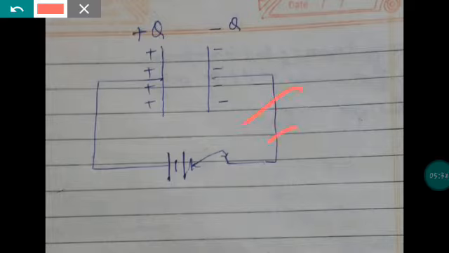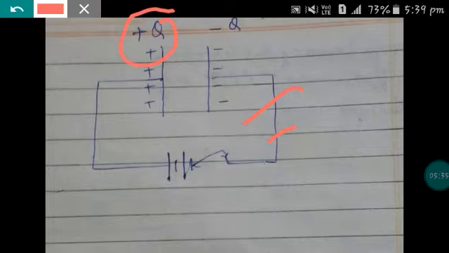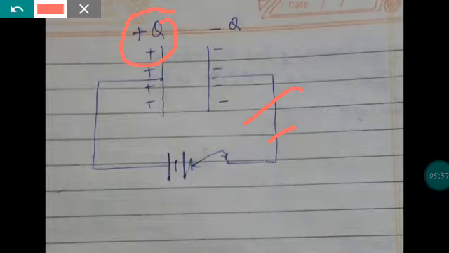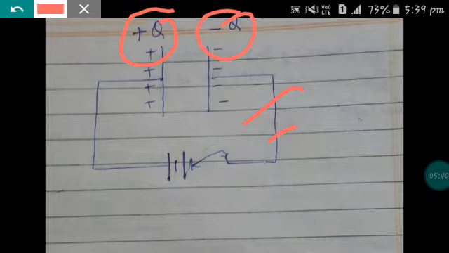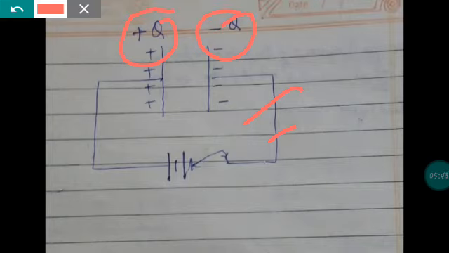Because according to the assumption, the charge here is positive capital Q and negative capital Q, which is considered in this expression as the maximum charge, and therefore the potential difference between the plates will be maximum, which is considered as capital V, equal to the potential difference of the terminals of the battery. So this is the final stage, or you can say the final condition.